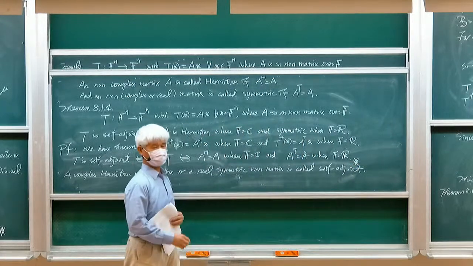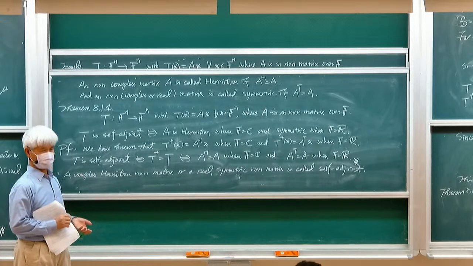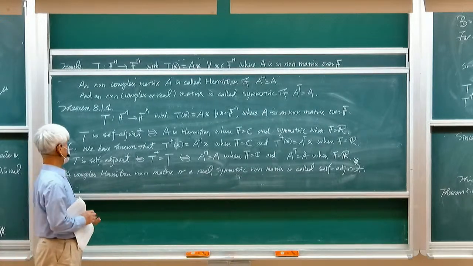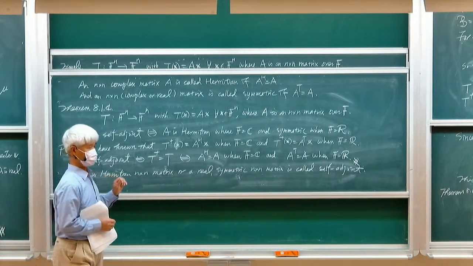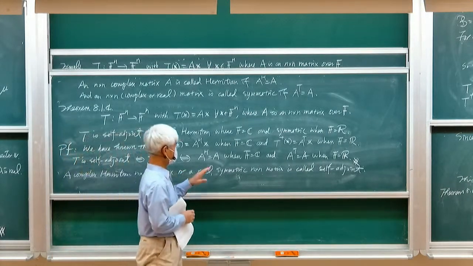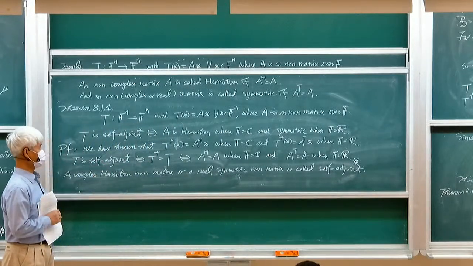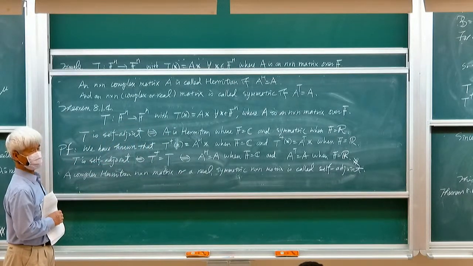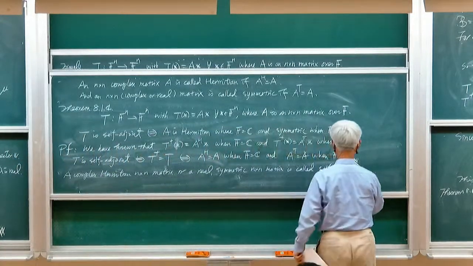So we call a matrix self-adjoint when it is Hermitian in the complex case, and when it is real, symmetric in the real case. These two kinds of matrices are called self-adjoint. So we use the same concept called self-adjoint.